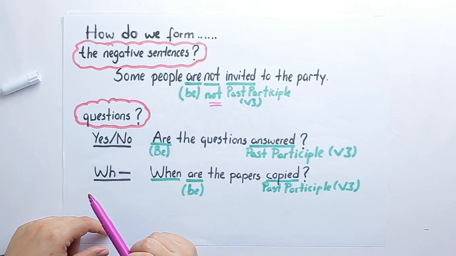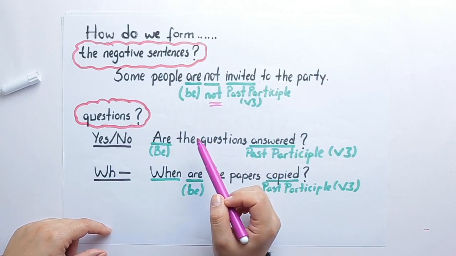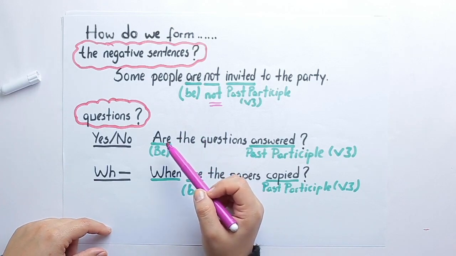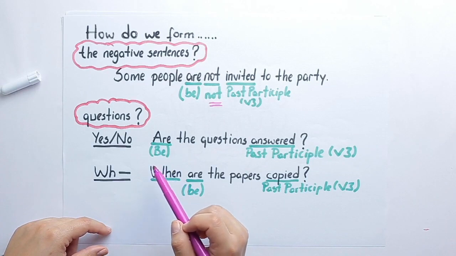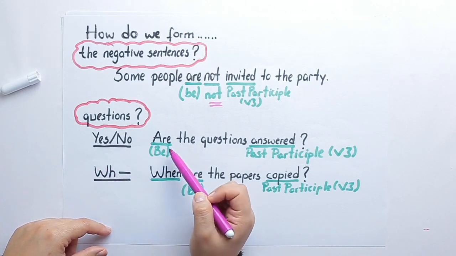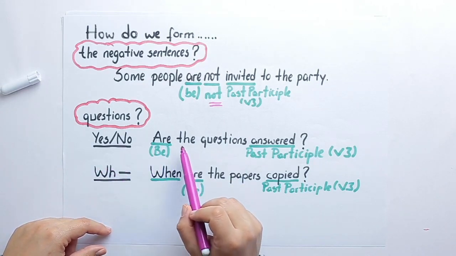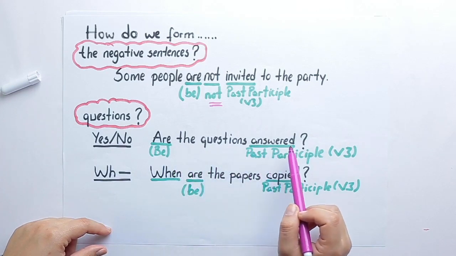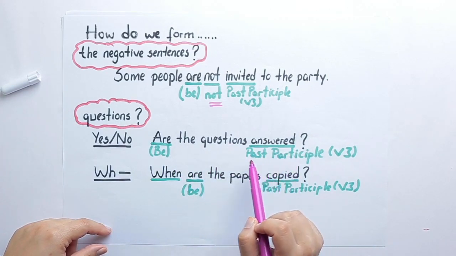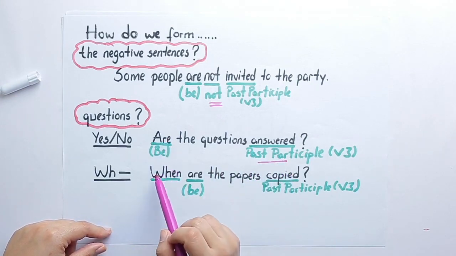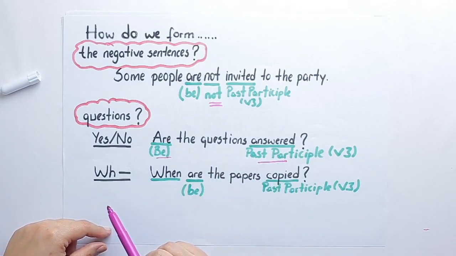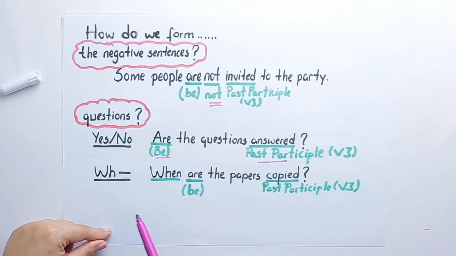In question form, we again start with am, is, are, as always, in yes-no questions. Are the questions answered? Past participle form, don't forget it. And are is my to-be verb.